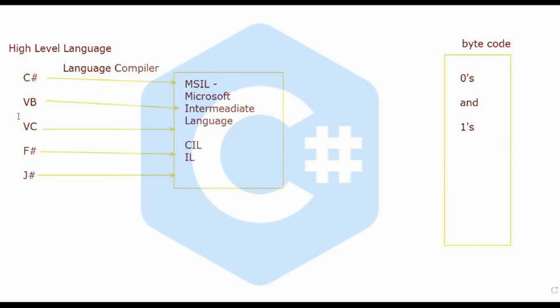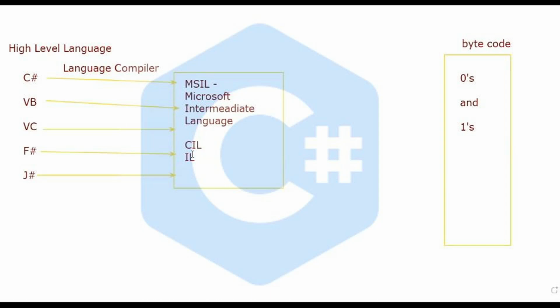You don't need to worry about this. You just select your favorite programming language, write your code, and compile it. The framework will take care of it based on your syntax and language, and generate this MSIL code, Common Intermediate Language code, or IL code. Don't get confused; many interviewers ask what is CIL, what is IL code.